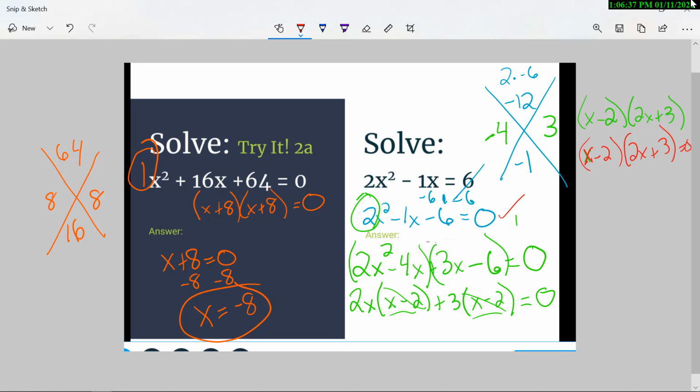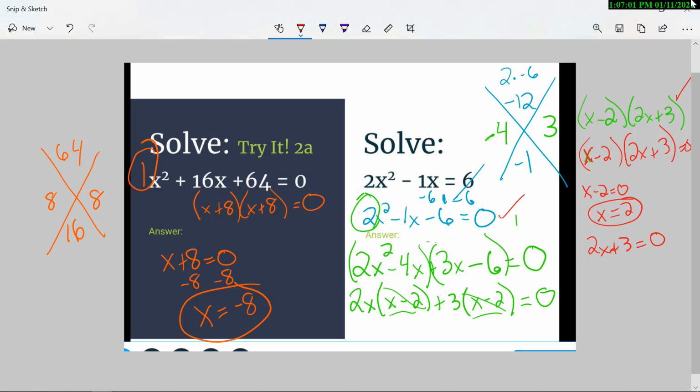Check. Factored. Check. Now we set each factor equal to 0. X minus 2 equals 0. Really easy. Add 2. So x equals 2. One answer. And then we do 2x plus 3 equals 0. And again, it's a positive factor, so we're going to have a negative answer.